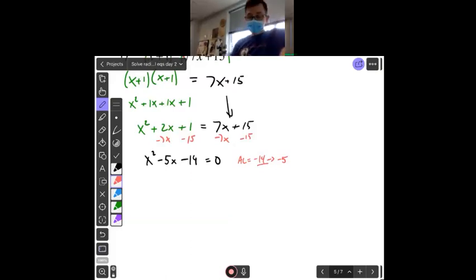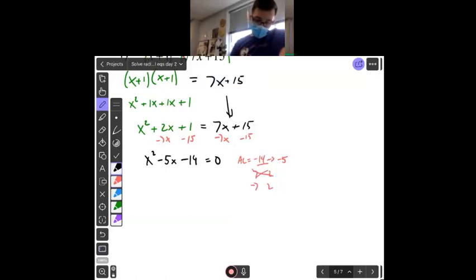Close. We need negative 14 and negative 5, Natalie. So that would be, what's 7 plus negative 2? There you go. Yeah. So we need negative 7 and positive 2 to get the negative 5.